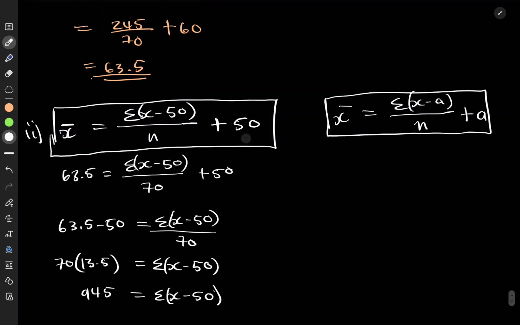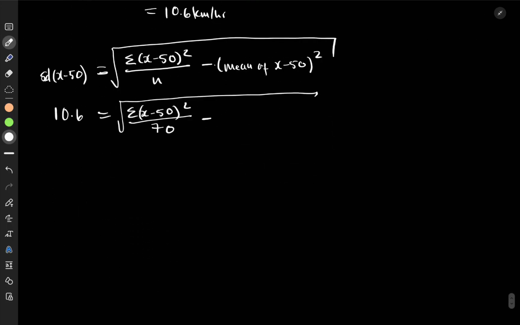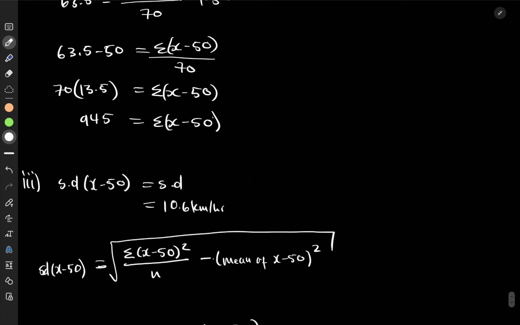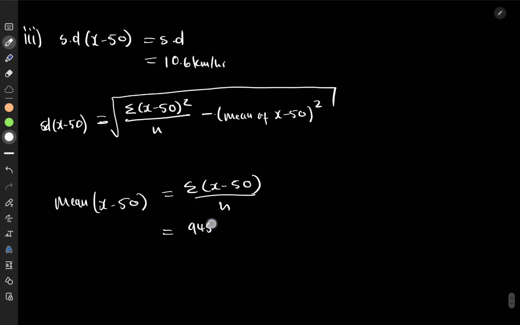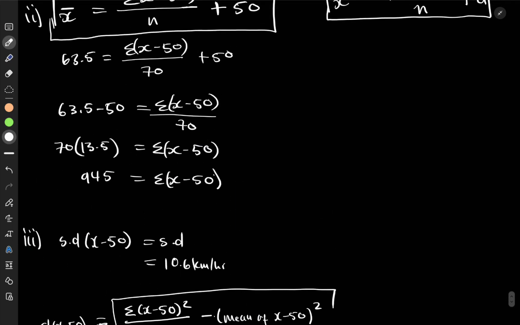The sum of x minus 50 is 945, so the mean of x minus 50 is 945 over 70, which is 13.5. Either way, fine.